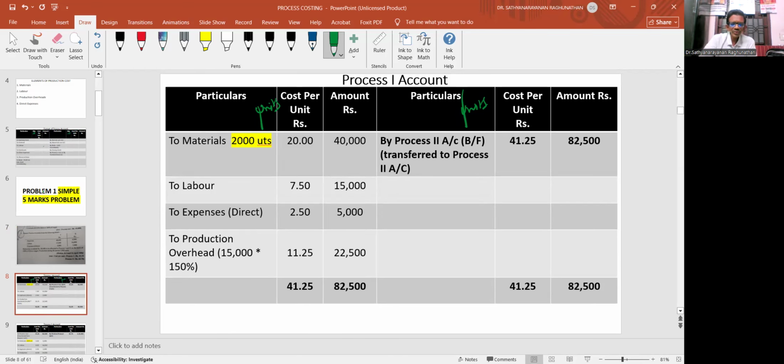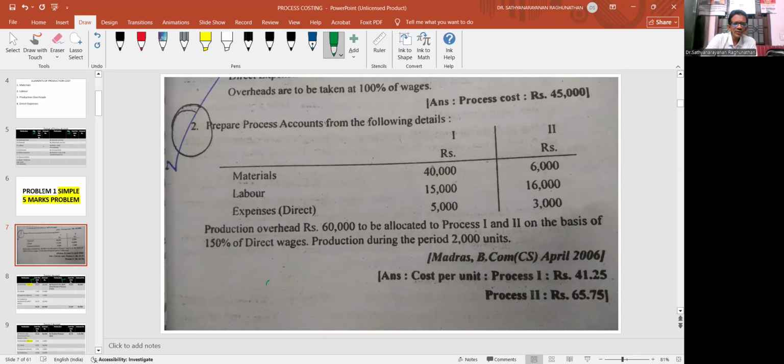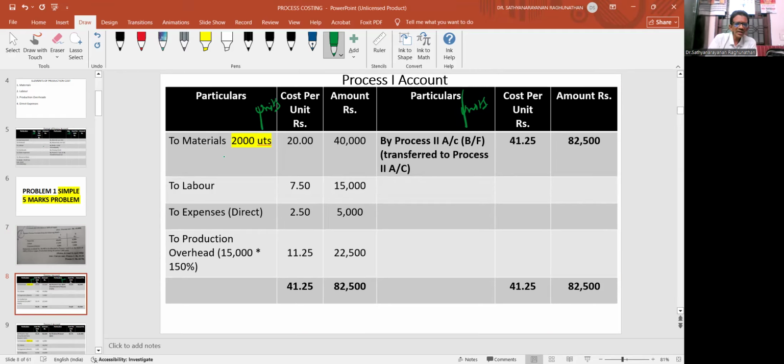Then cost per unit: for process 1, material is 40,000, so 40,000 divided by 2,000 is 20. For labor, 15,000 divided by 2,000 is 7 rupees 50 paisa. For direct expenses, 5,000 divided by 2,000 is 2 rupees 50 paisa.